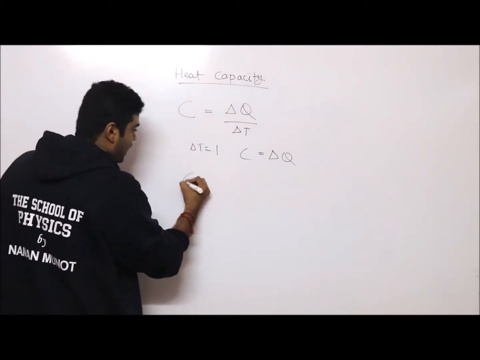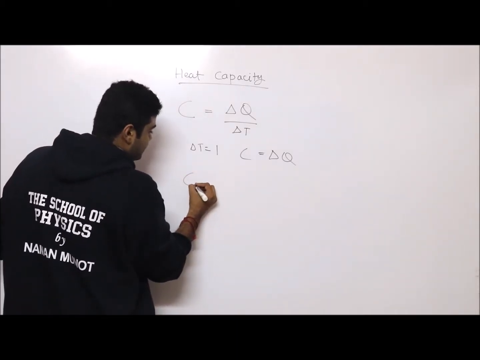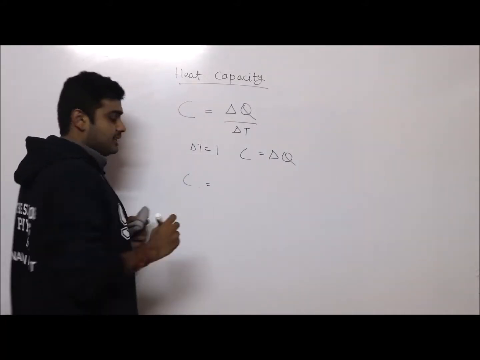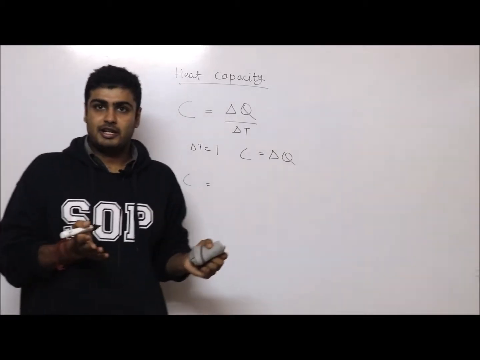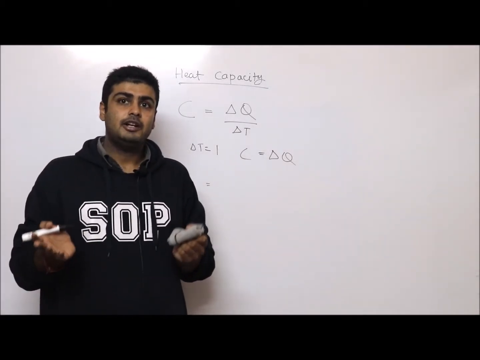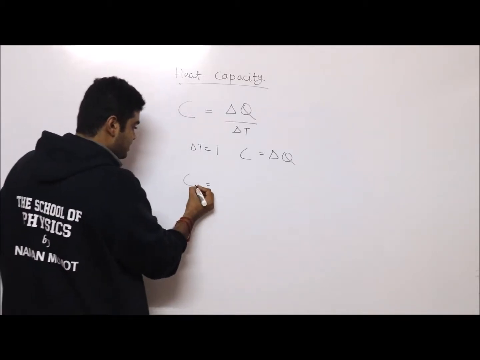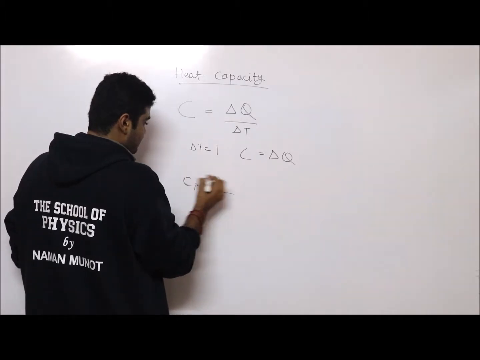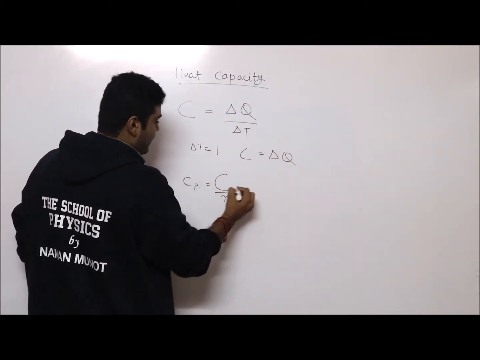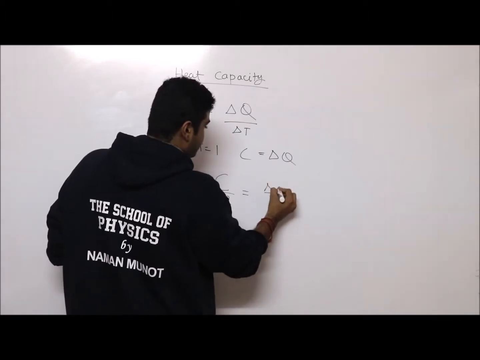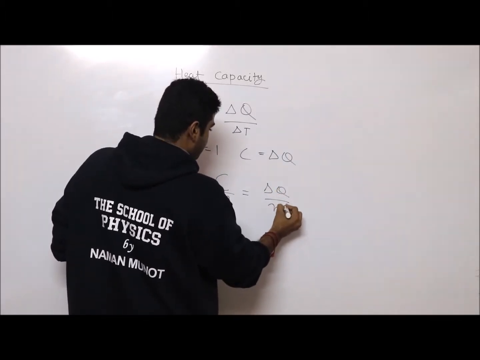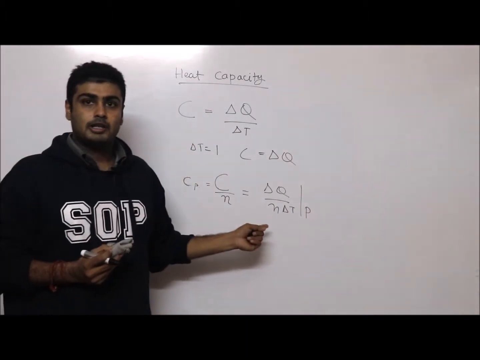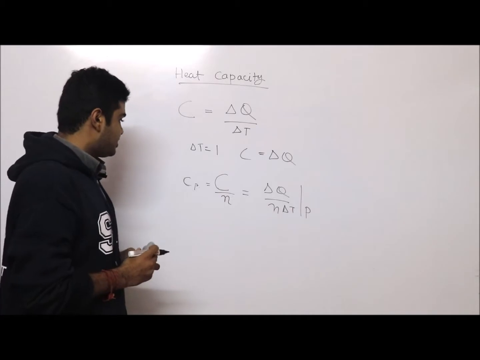We write it as Cp and Cv, the molar heat capacity at constant pressure and at constant volume. So small cp is equal to capital C by n, or delta Q upon n delta T at constant pressure.